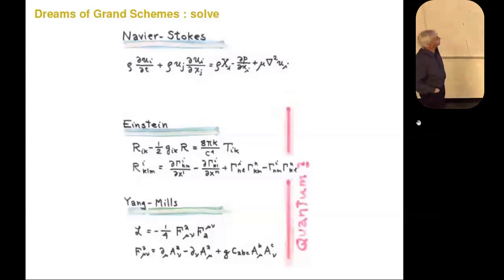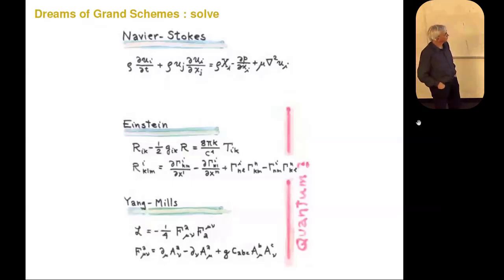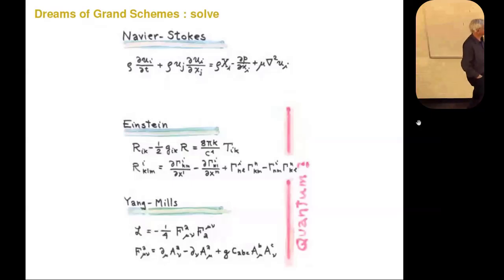So the grand scheme for somebody in theoretical physics like myself is to solve several problems which, in my opinion, haven't been solved yet. They're still outstanding. One is to understand the observed spectroscopy of particles in the standard model, which has to do with Yang-Mills theory and quantum chromodynamics.